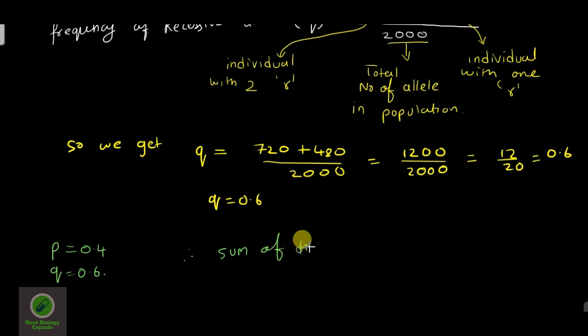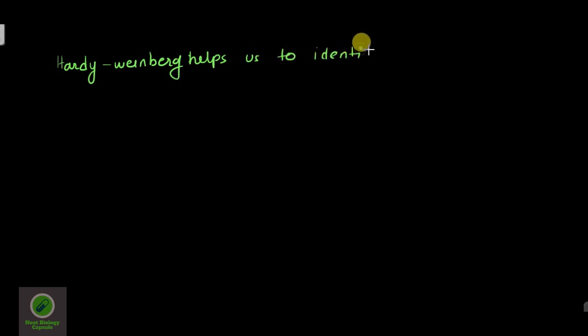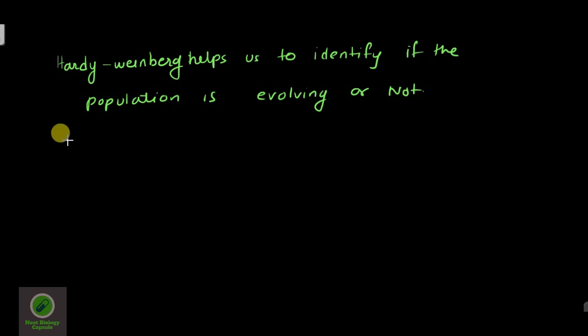So I'm just summarizing it. If you see, the sum of these frequencies, the dominant allele and recessive allele frequency, adds up to 1. And that is what Hardy-Weinberg wanted to express, that the allelic frequency of a population tends to be constant from generation to generation if there is no factor acting upon it. Hardy-Weinberg helps us to analyze whether the population is evolving or not.